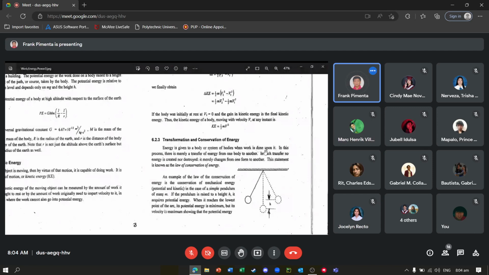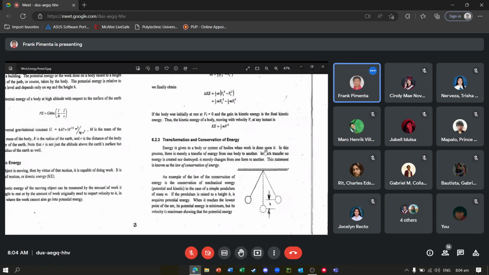So if the height or elevation is zero, there is no potential energy because potential energy is mgh. If h is zero, potential energy is zero. Now, with regards to the velocity, from velocity zero here at the maximum height, velocity will increase.